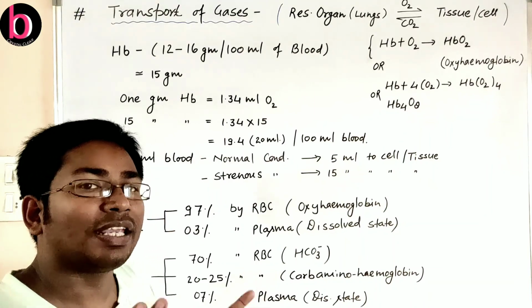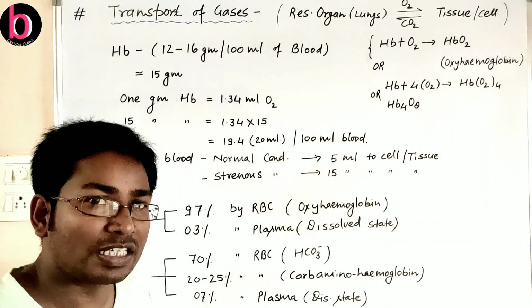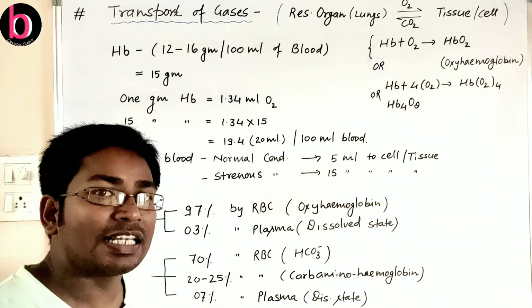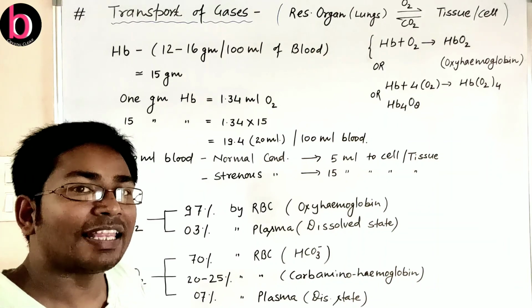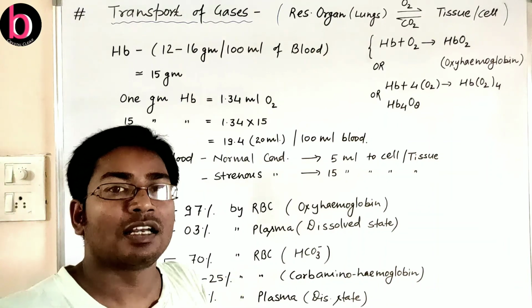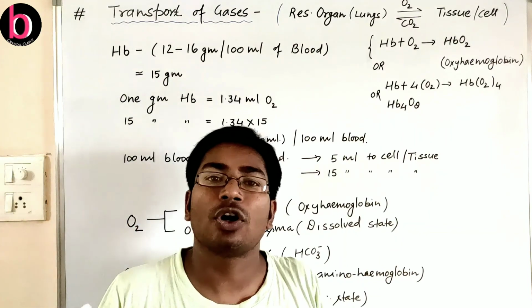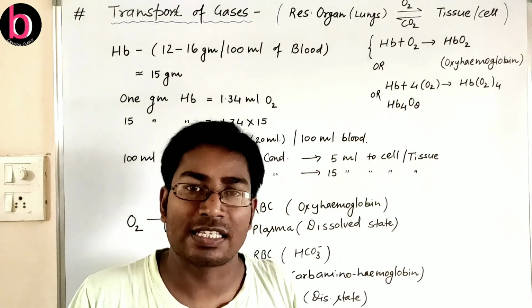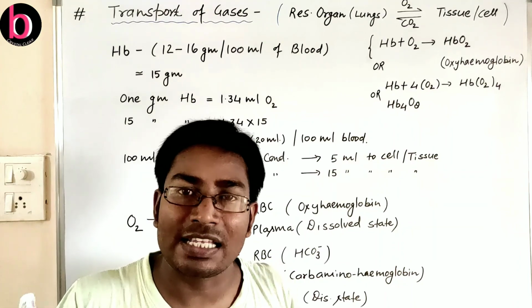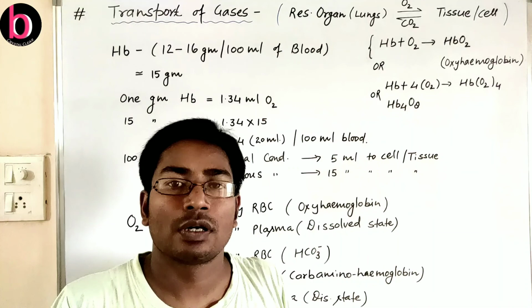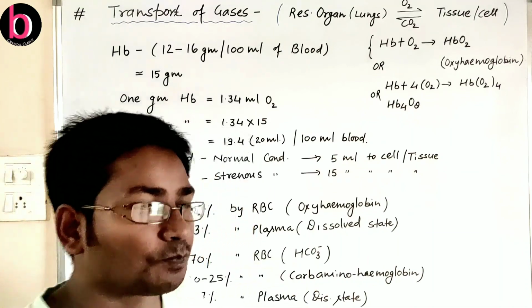For male we can say 14 to 16, and if the hemoglobin level decreases with respect to this, then the person is considered anemic. Means anemia is a disease that is because of hemoglobin deficiency. Hemoglobin is present inside the RBC, so we may also indirectly say RBC deficiency.